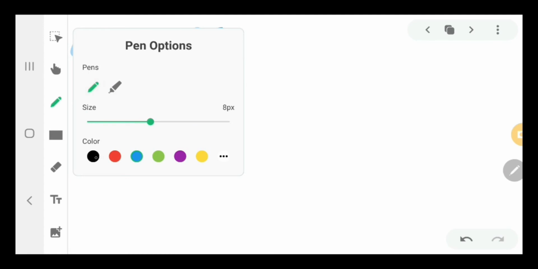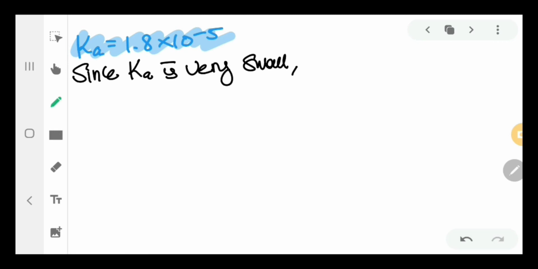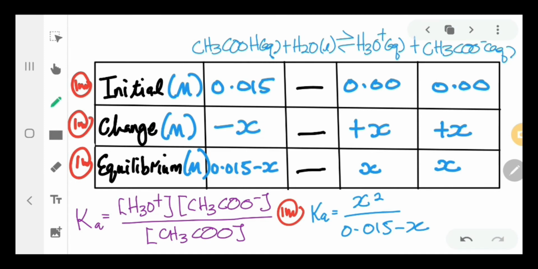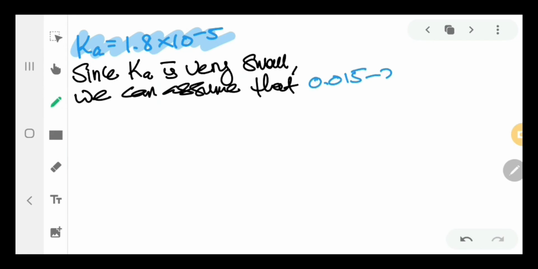Since this Ka is very small, because it is to the power of negative 5, we can assume that this value, 0.015 minus x, is approaching 0.015.